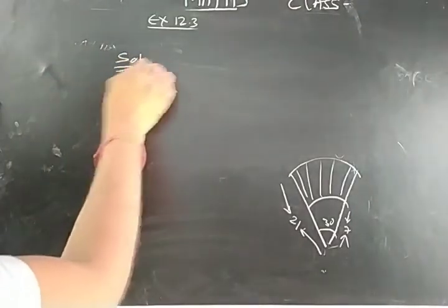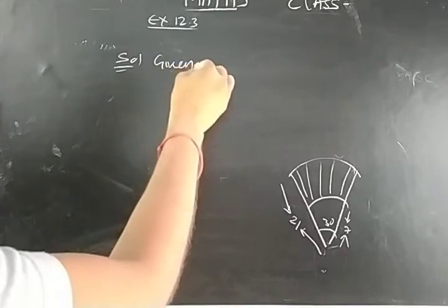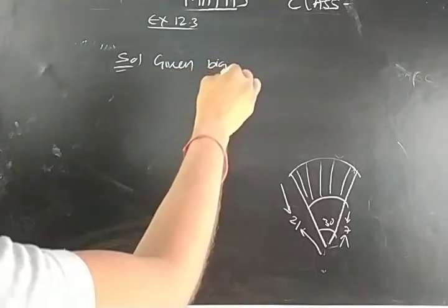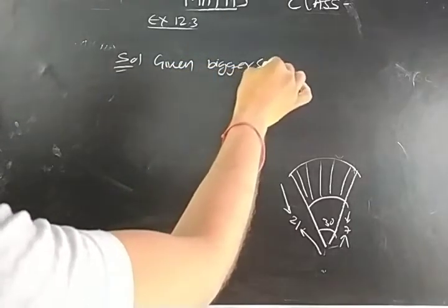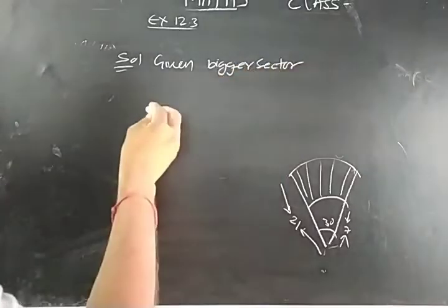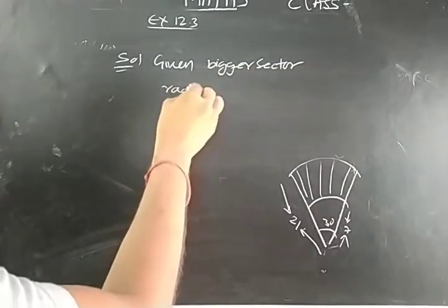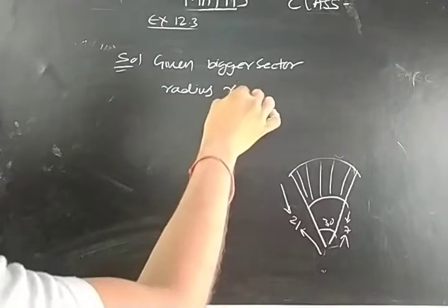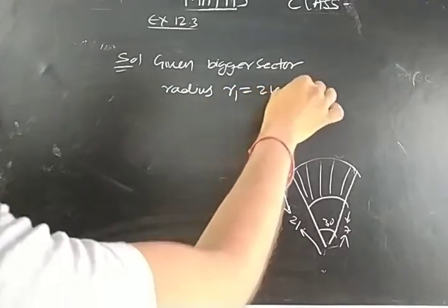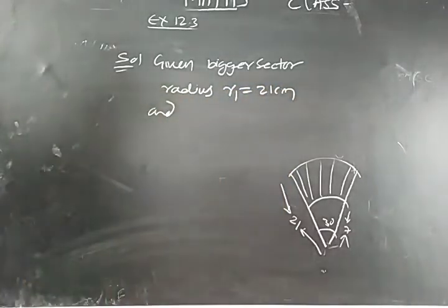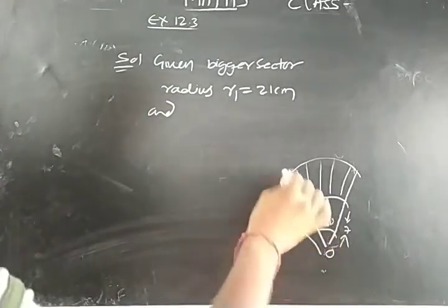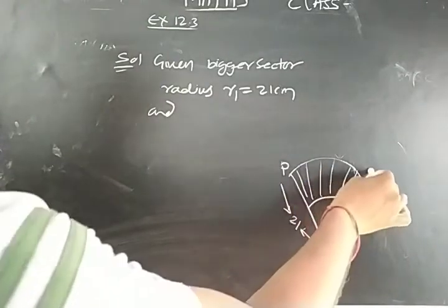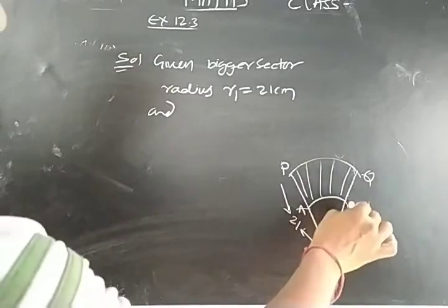Solution. Given, bigger sector radius I am taking as R1 equal to 21 centimeters, and I am denoting this sector OPQ, and this is OA.